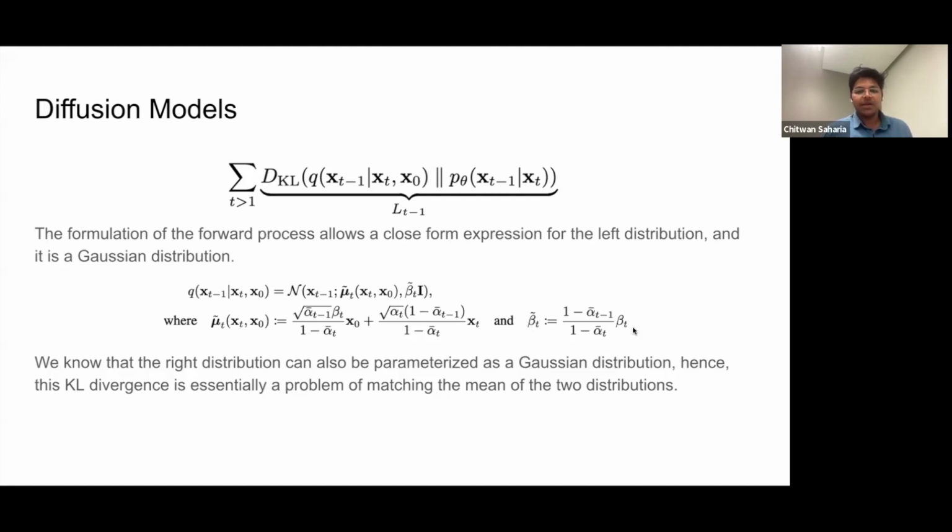So if we have constructed the forward process ourselves, we don't really need to learn this thing. We can just plug it into the reverse process to approximate this distribution. And given that both of these are unimodal Gaussian distributions, the KL divergence basically becomes a function of matching the mean of the left and right distributions, because we know the variance already.